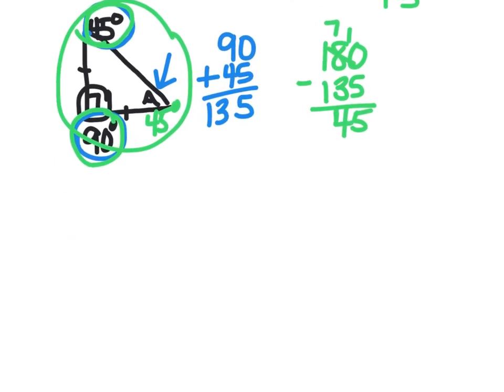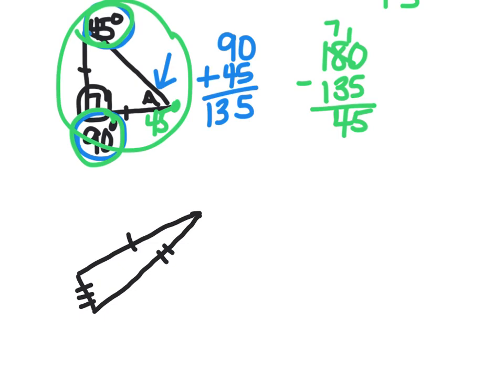Let's try one more. So this triangle may look like this. With this particular triangle, we know it equals 180 degrees. This is scalene because all of the sides are different lengths.